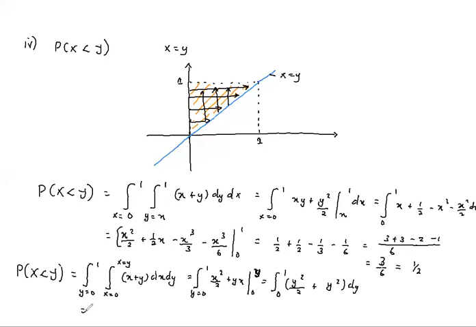So you're going to integrate again, you get y cubed over 6 plus y cubed over 3 from 0 to 1. And this is 1 over 6 plus 1 over 3, which is 1 plus 2 over 6, which is 3 over 6. And this is 1 over 2.